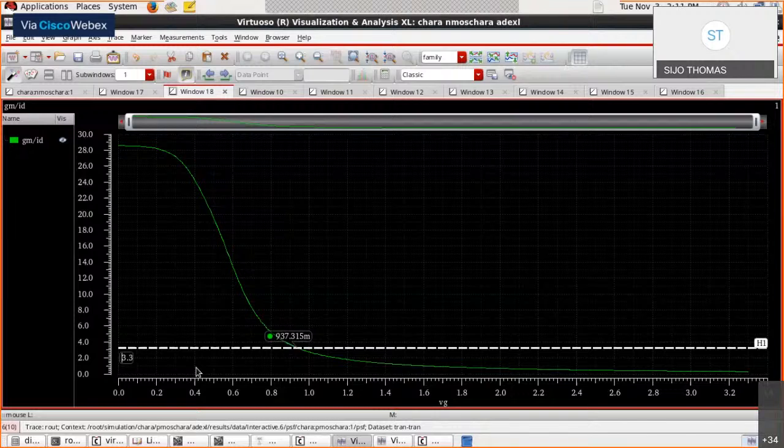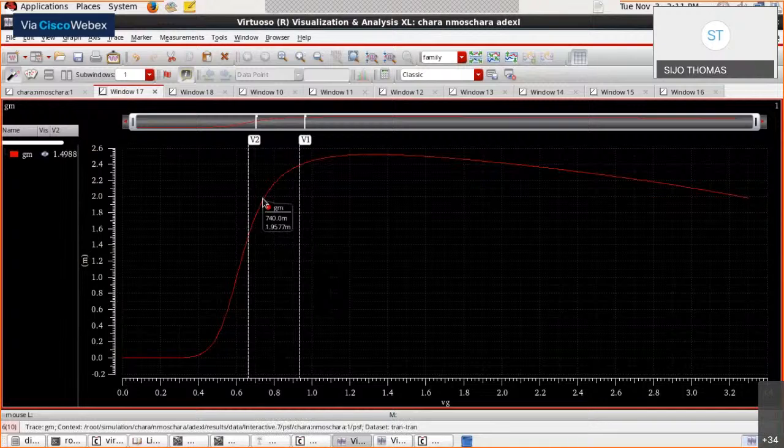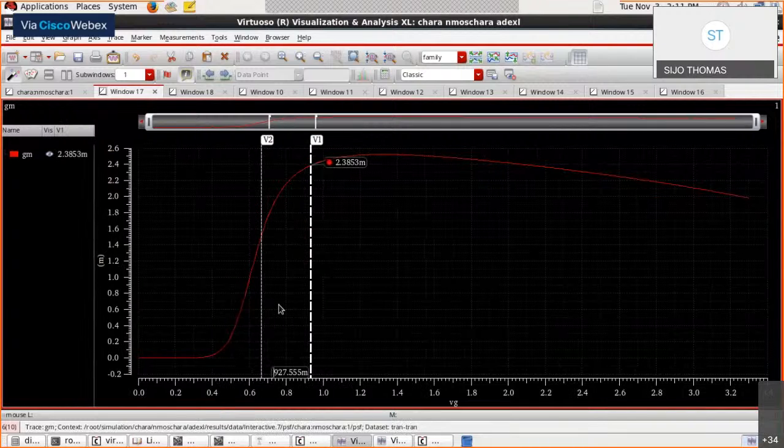If you look at the gm curve, Naveen, can you open that Window 17, just before the gm curve? Yeah, so this is the gm curve. If you put the cursor at 930 millivolts, you can see your gm is almost in strong inversion. It is almost touching that saturation region.